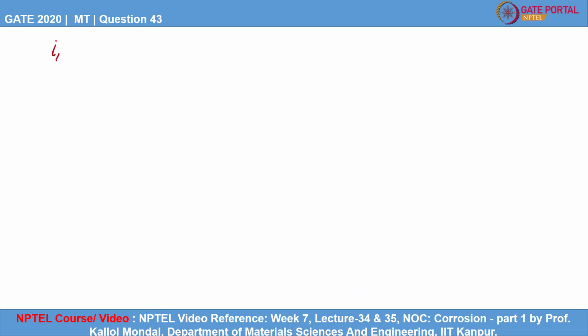So IL will be, now what is the diffusion coefficient? It is 2.42 into 10 raised to power minus 5. Number of electrons taking part are 4.